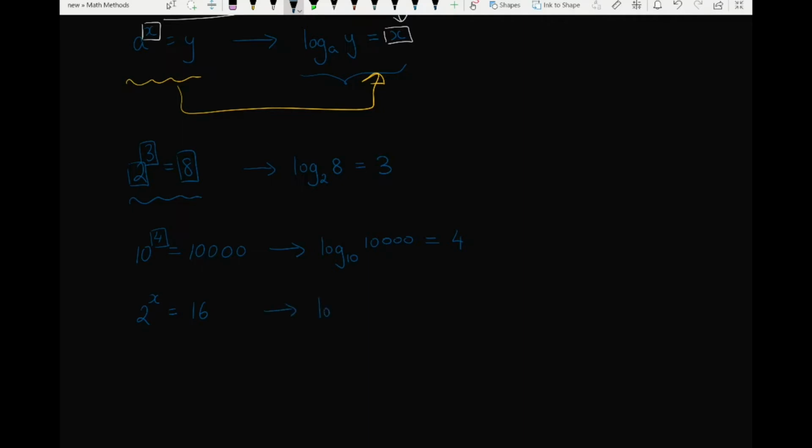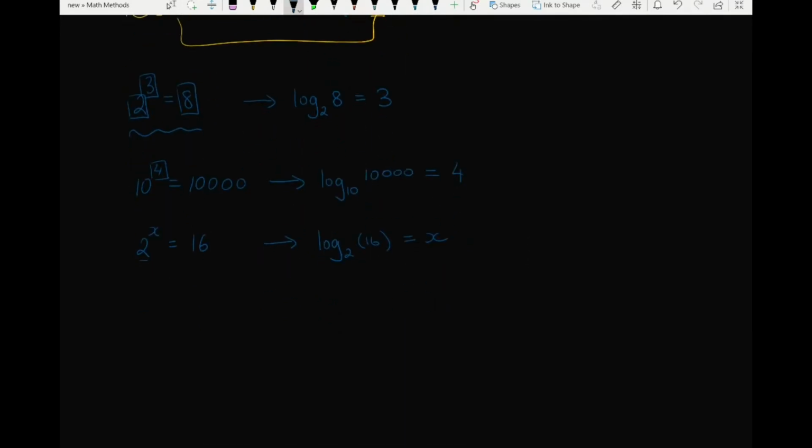So log, our base is 2, of 16 equals x. Now say for example you had a question where you wanted to solve for x, and the question was log 3 of 27 equals x. So how would we solve this?